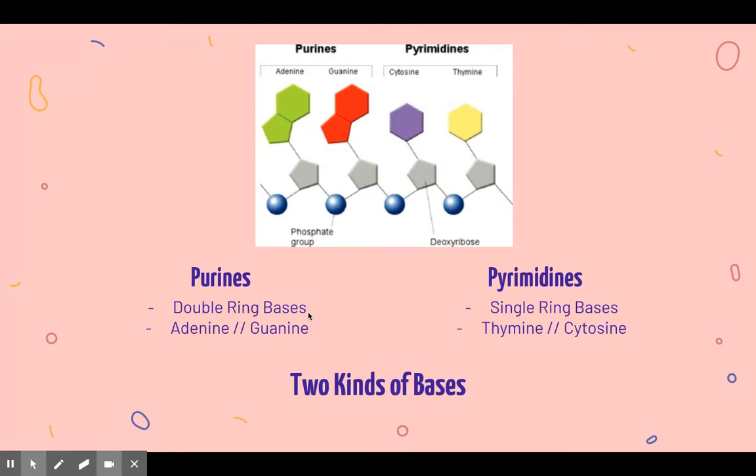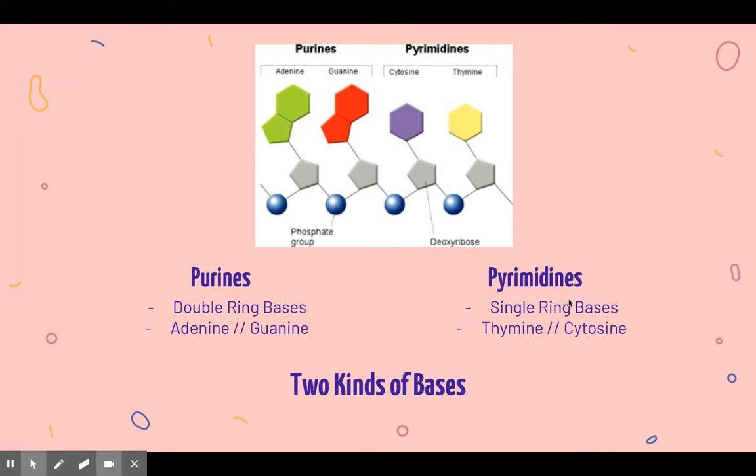Molecules in your body, when we get down to the chemistry, are made of rings. You saw this 5-carbon sugar. Your purines are going to have a double ring base. So here's 1 and here's 2. You see a pentagon and a hexagon here. That's its chemical shape, a pentagon and a hexagon, for guanine and for adenine. If there are 2 rings, they are known as purines. The purines are adenine and guanine specifically.